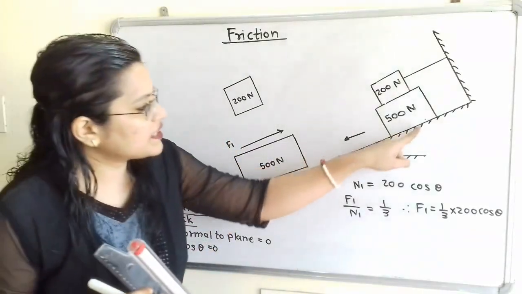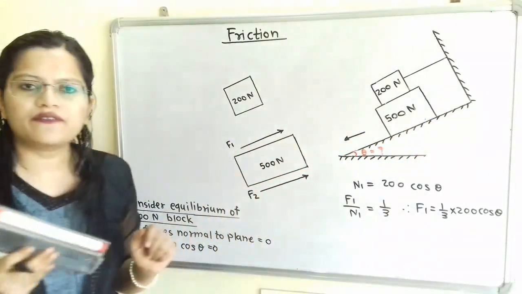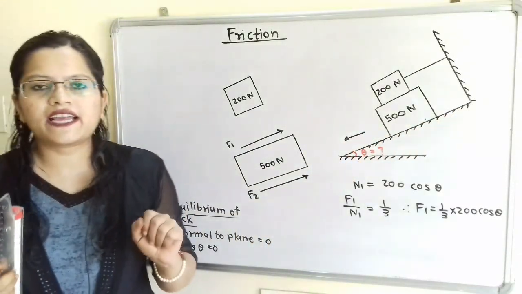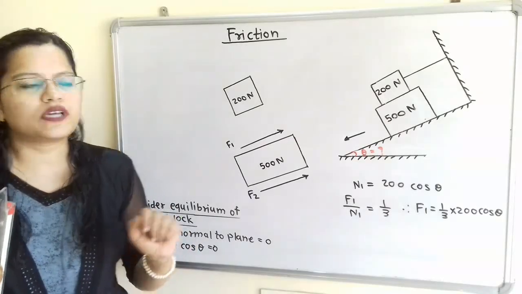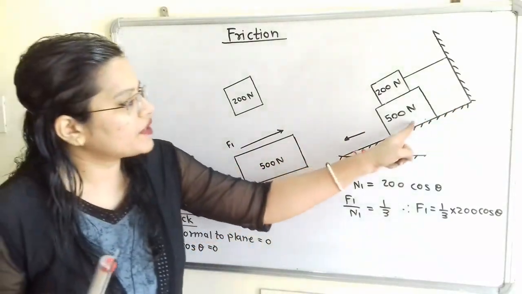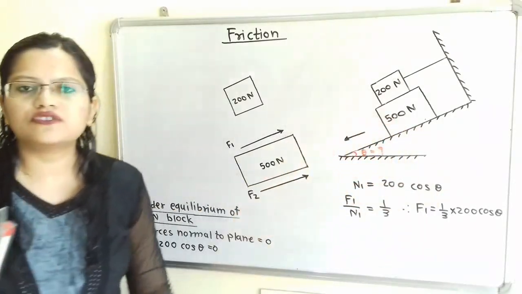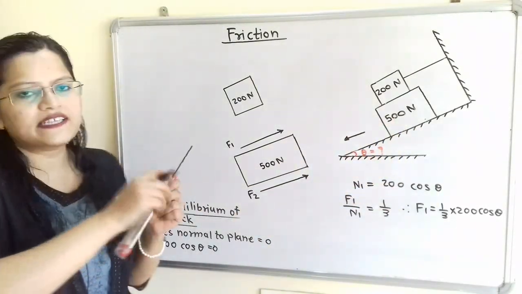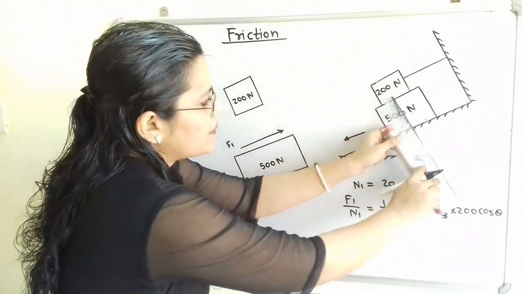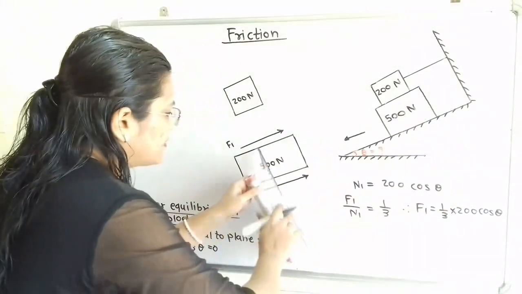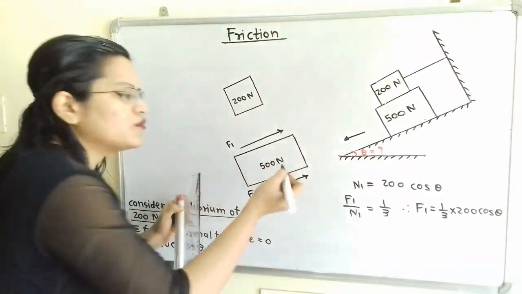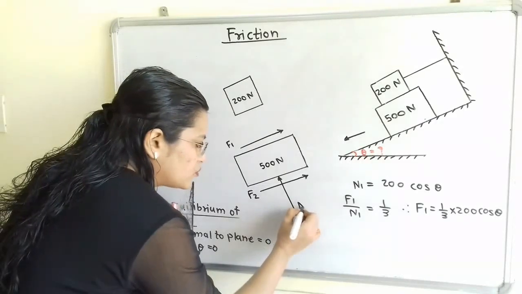Now this lower surface is in contact with the fixed surface, that is the inclined surface. So normal reaction acts perpendicular to the direction of this surface. So we have to show one perpendicular line, with direction towards the block, and that is the normal reaction N. It will pass through the center of the block, and for the lower surface we use suffix 2, that is N2.